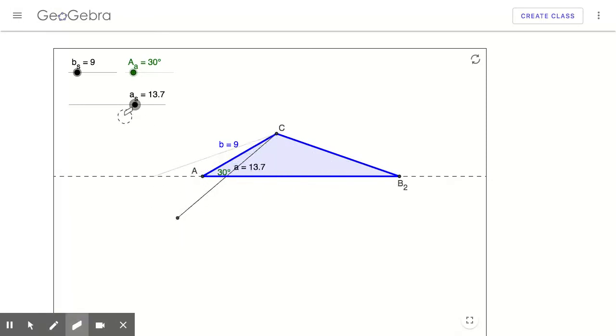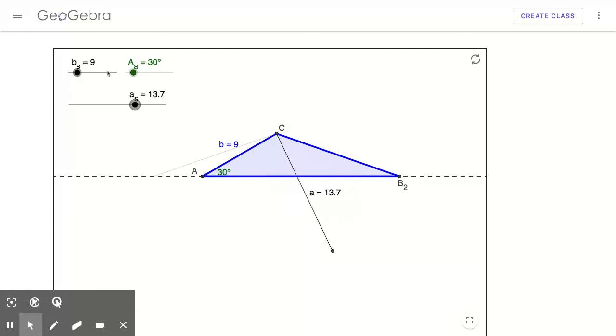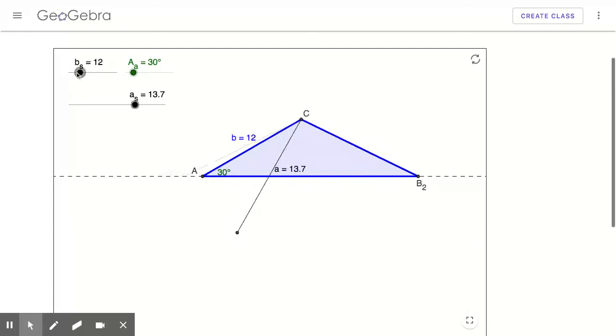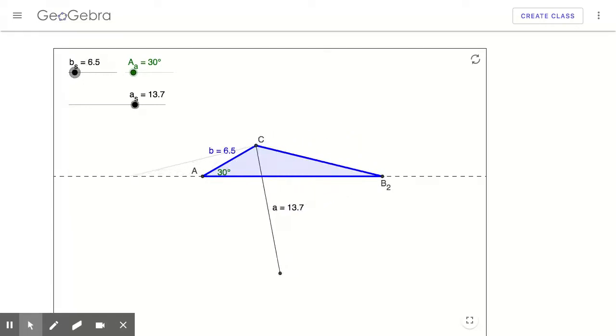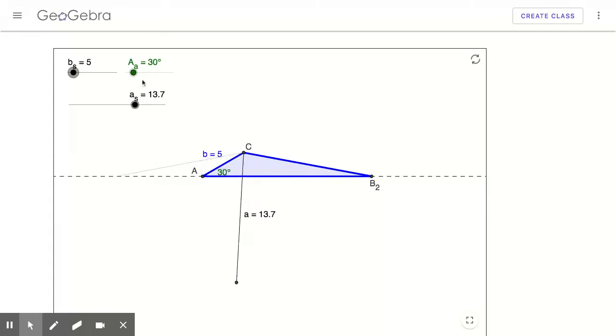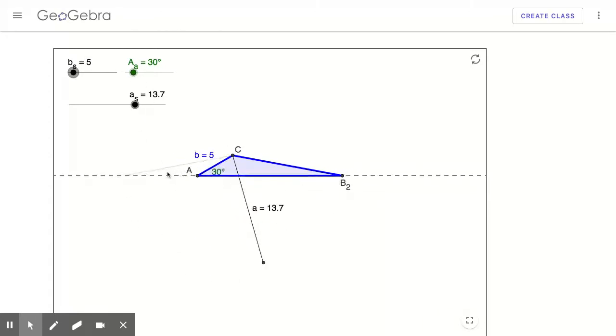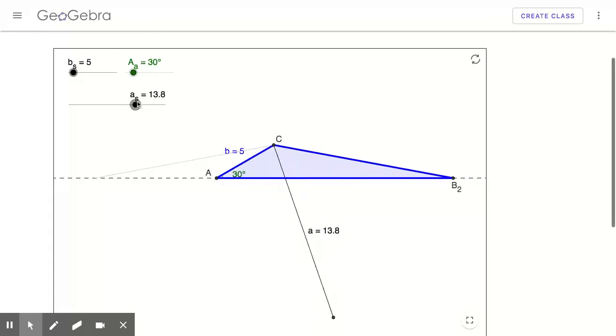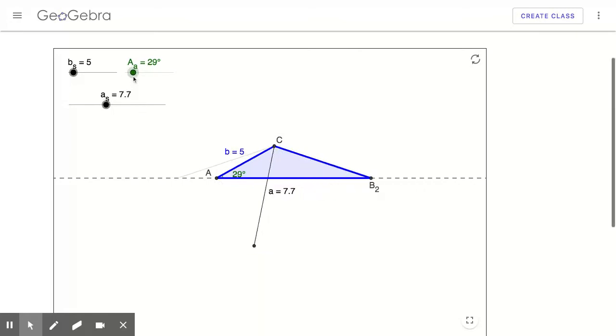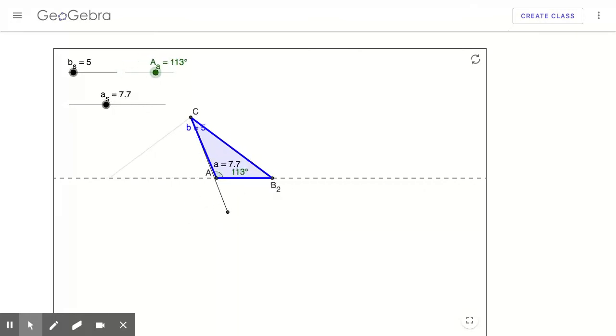Okay, so now we'll look at the other 3 cases that we have with an obtuse angle. So I'm going to shorten this side here. Let's make it, I don't know, 5's a nice even number. I'll zoom back in, shorten this, and I'll create an obtuse angle. Here we go.